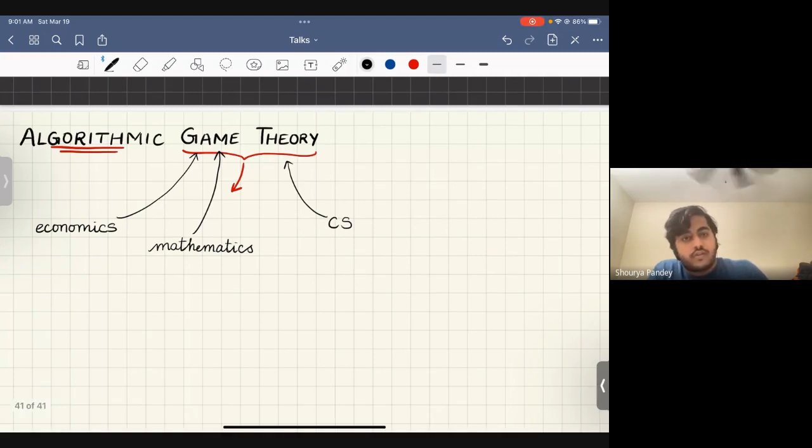So huge sub areas of this are also called computational economics.